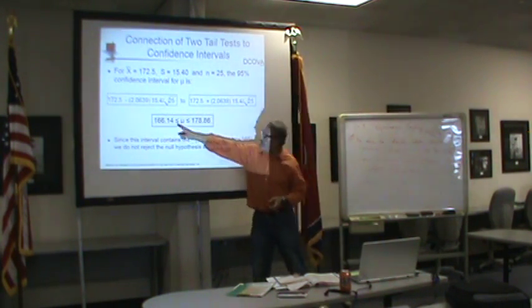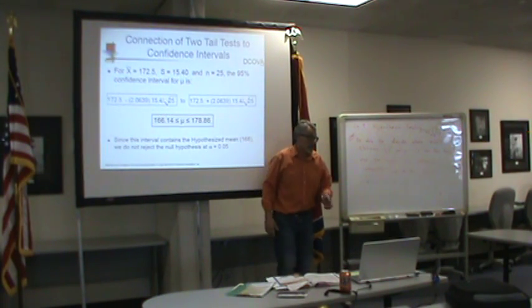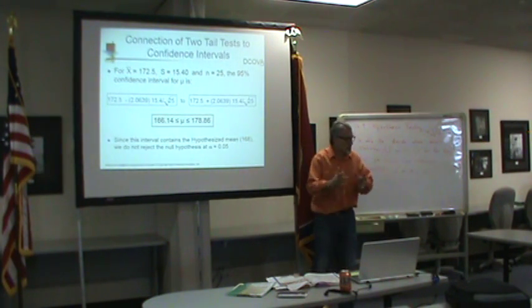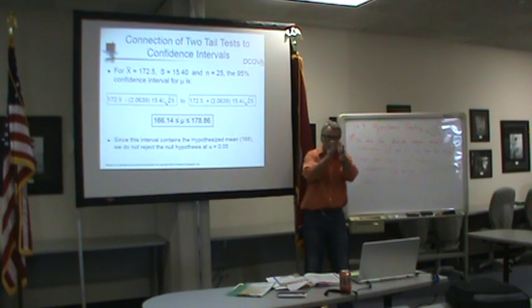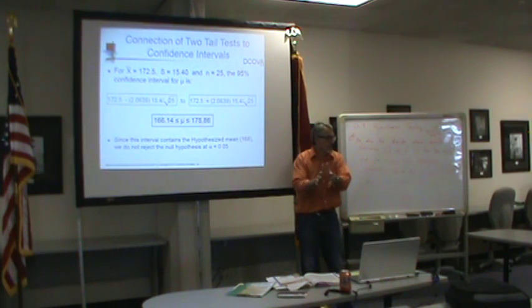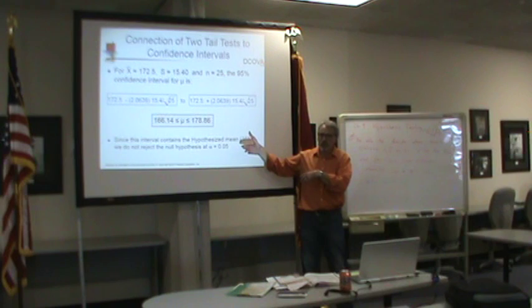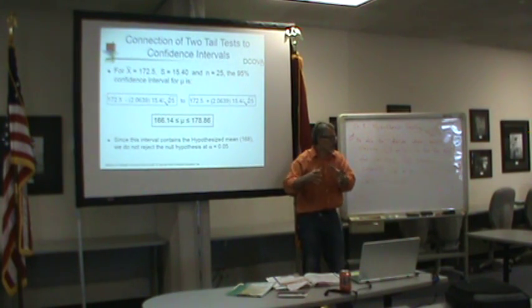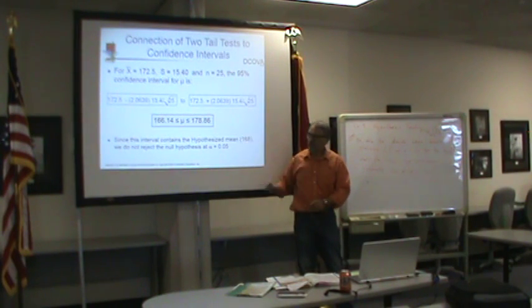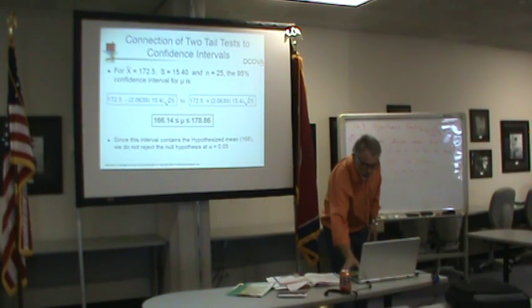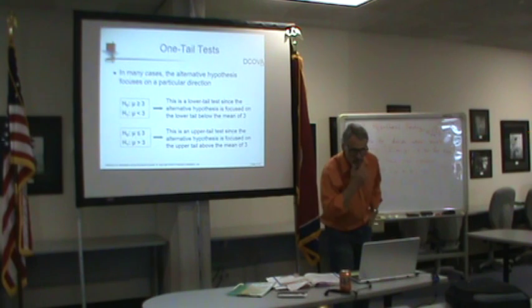It's close to the edge over here, but that's okay. It's still in there. Remember our discussion a few chapters ago, how they had all those confidence intervals, and when you are 95% confident, that means that 95 out of 100 confidence intervals would probably contain it, but 5 of them wouldn't. Well, this one did. It was good. So we don't have any evidence to reject the null hypothesis.